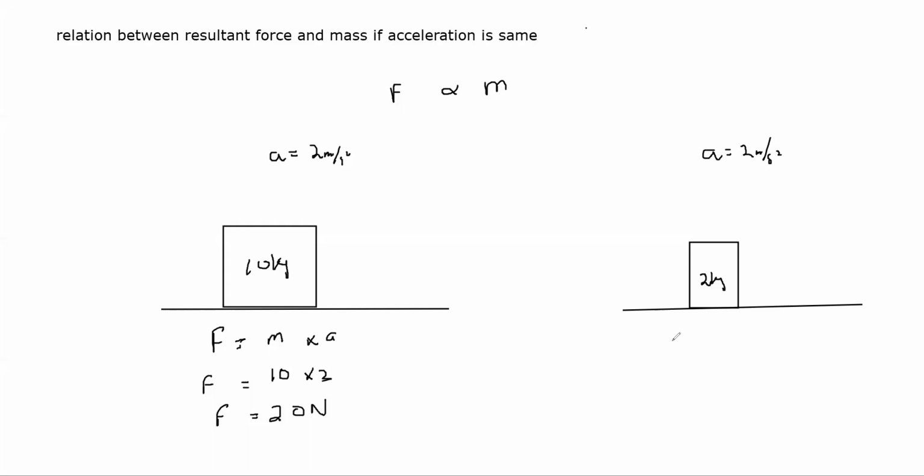Same way for this one, mass multiplied by acceleration. This mass is 2 and acceleration is also 2. So I just need a 4 Newton force. So to accelerate heavy object, we need a greater resultant force as compared to lighter object.